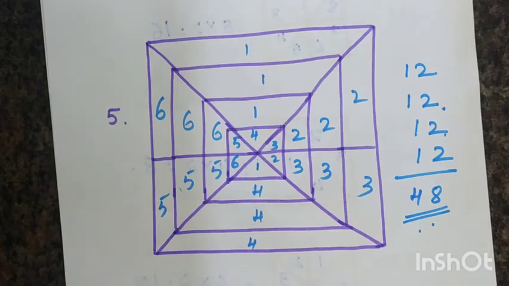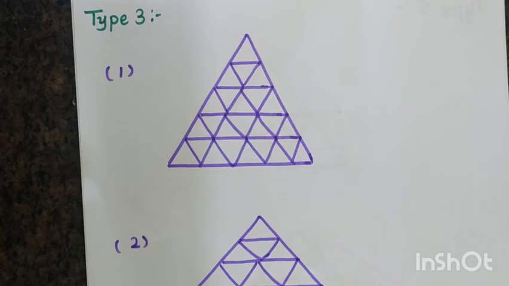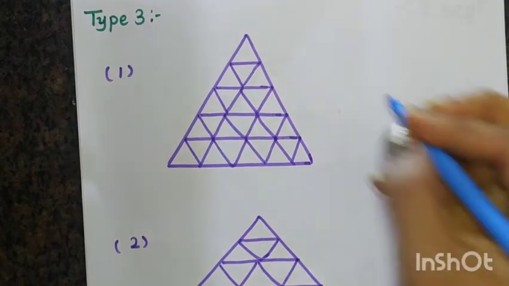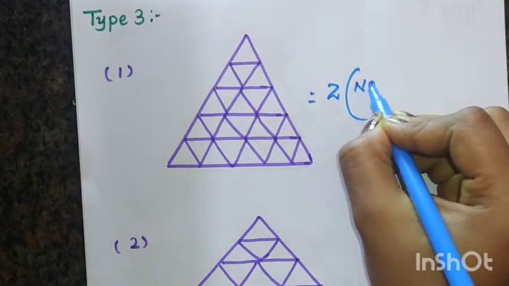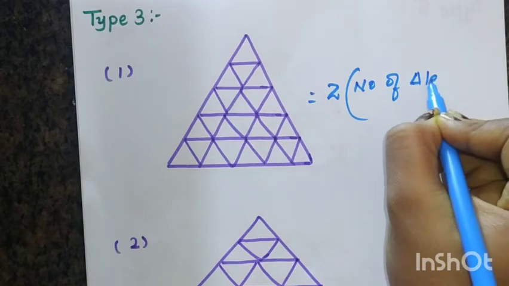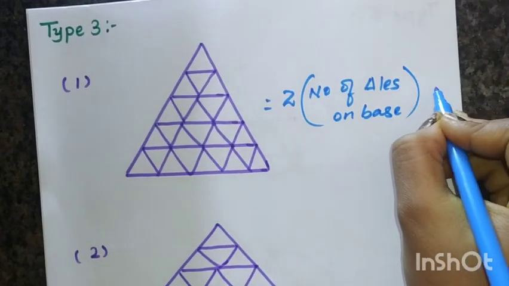Now, we will deal with type 3. So this is type 3. Now if they ask, how many triangles are there in this figure? What are we supposed to do? So there is a formula, okay? 2 into number of triangles on base minus 5.